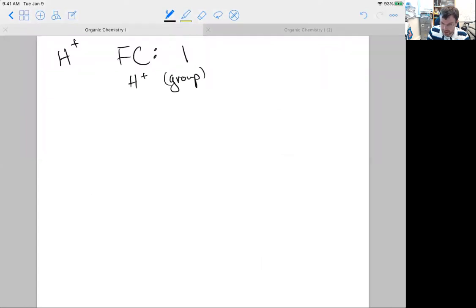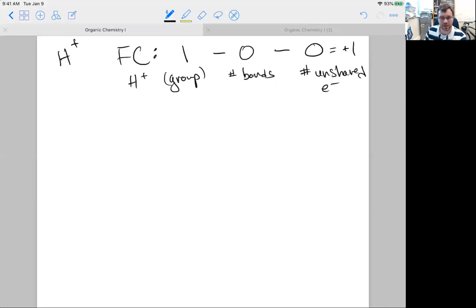If you notice, I keep writing group and number of bonds and number of unshared electrons or non-bonding electrons. I keep writing that because it's so important. Okay, anyway, we have to know the formula. 1 minus 0, that's plus 1. That's just good to do at least once in our career.